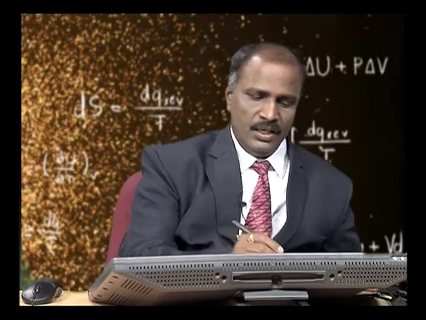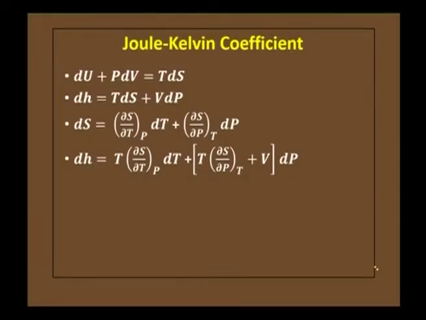We also know that dU is equal to TdS minus P dV. Therefore, substituting this equation, I have dU plus P dV is equal to TdS, but we know that dH is equal to TdS plus V dP.